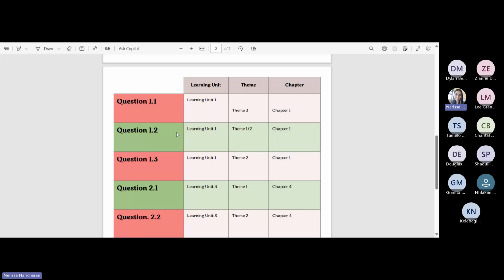So question 1.1 comes out from Learning Unit 1, Theme 3, Chapter 1, right? And the question is more specifically about that case study for New Tech and explain how the different functional groups like marketing, IT, customer services, all of that work together to manage operations effectively. And you need to provide examples of how these departments collaborate to ensure the successful production.